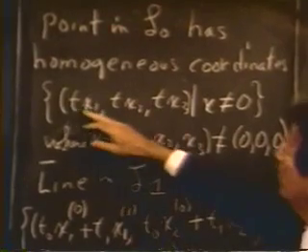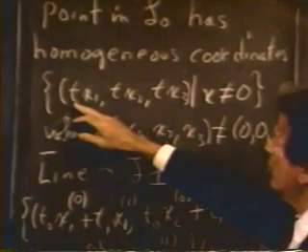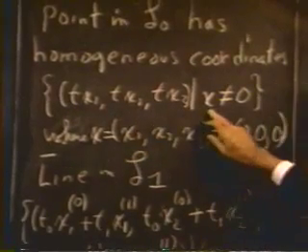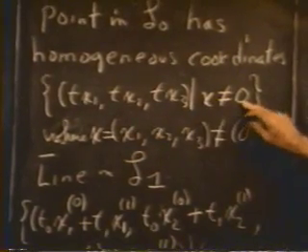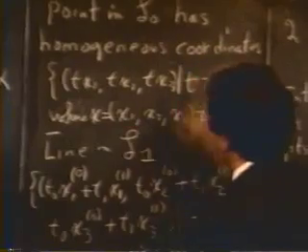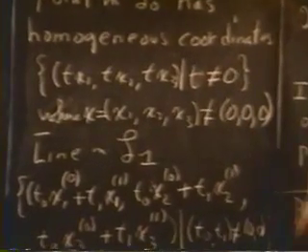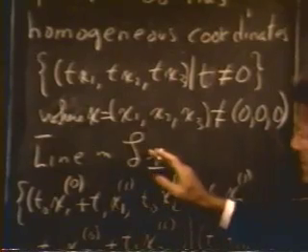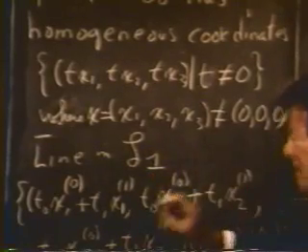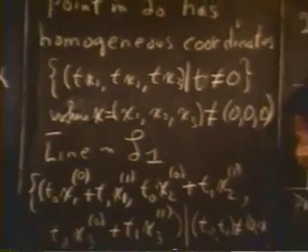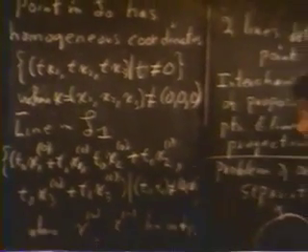It's a set of all points tx1, tx2, tx3, where t is not equal to 0, just as we discussed before. Notice that we're in the plane, but we have 3 coordinates, and that's because we have this homogeneous representation.